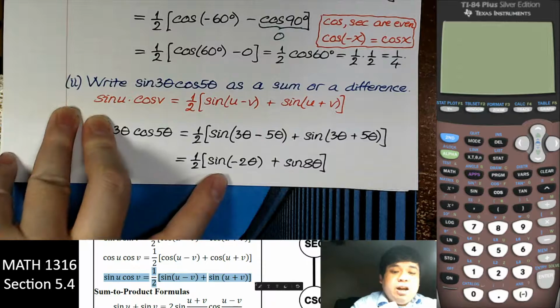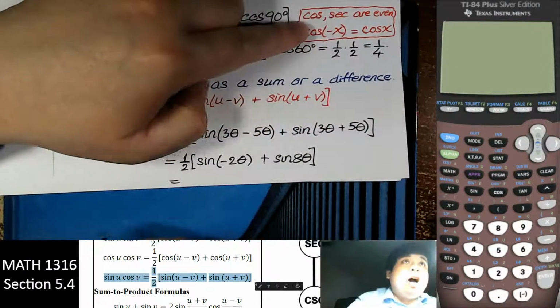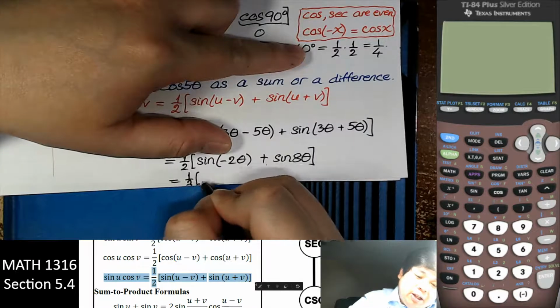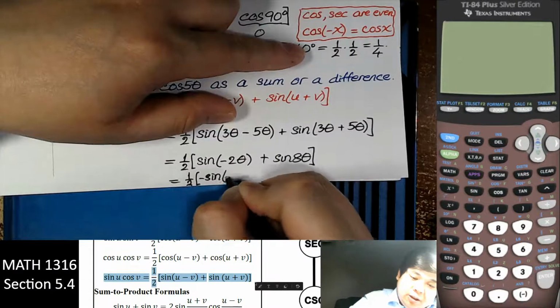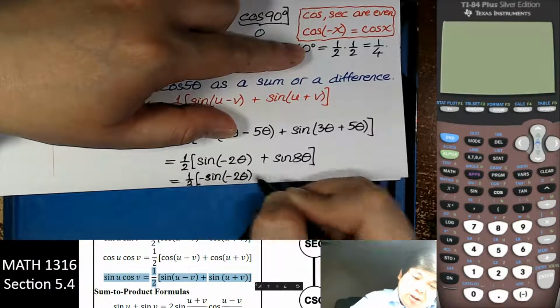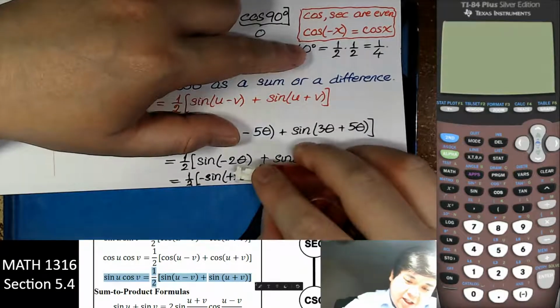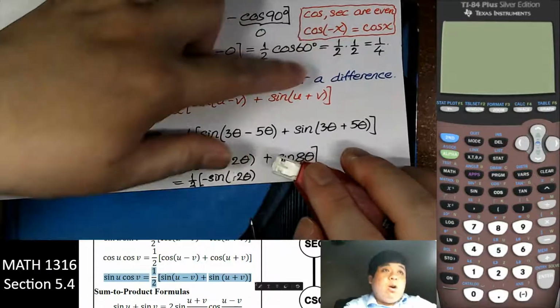And sine of negative: sine is an odd function, cosine is even, sine is odd. So that's why sine of negative is a negative sine. This will be positive. Sine of negative is a negative sine because sine is an odd function.